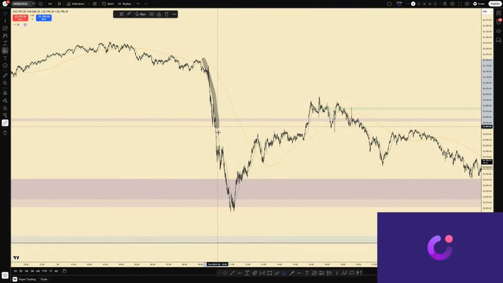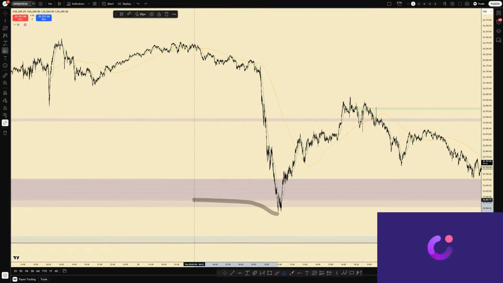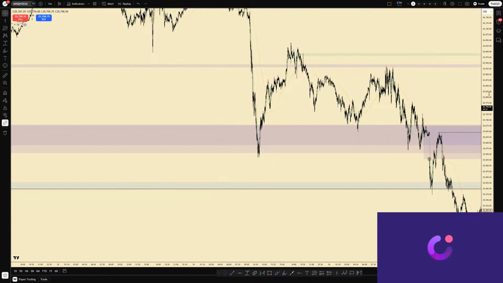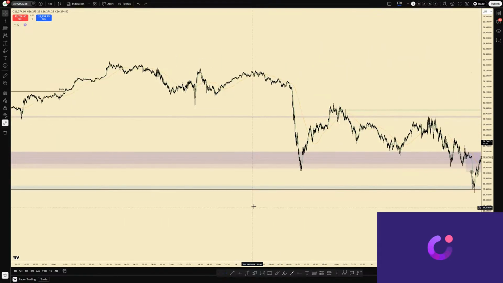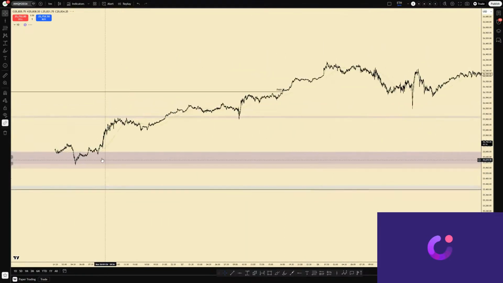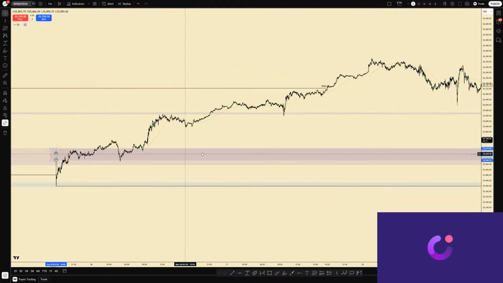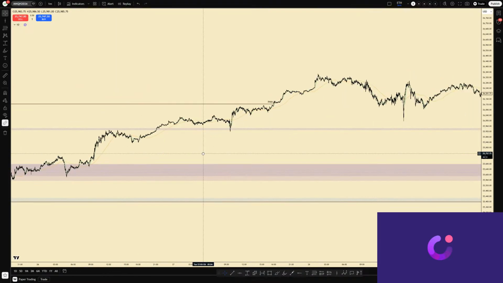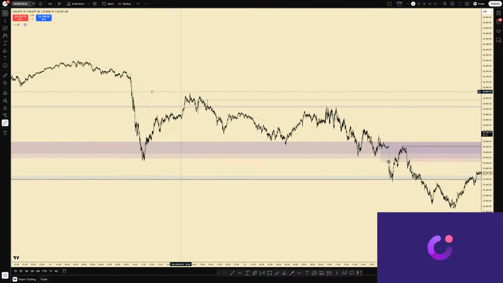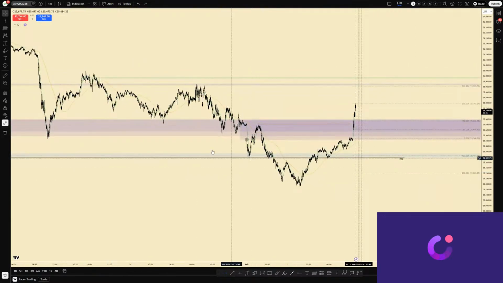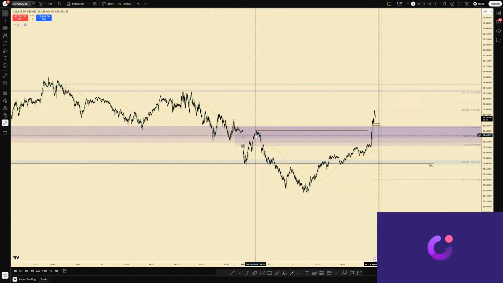Price expands lower, and it seems like it's just dropping, and then after getting closer to the lows of some of the ranges, it bounces a little and then comes back again and then bounces a little again.